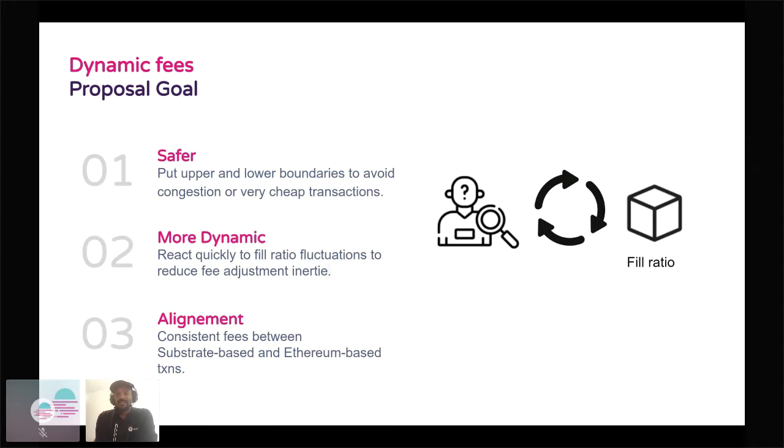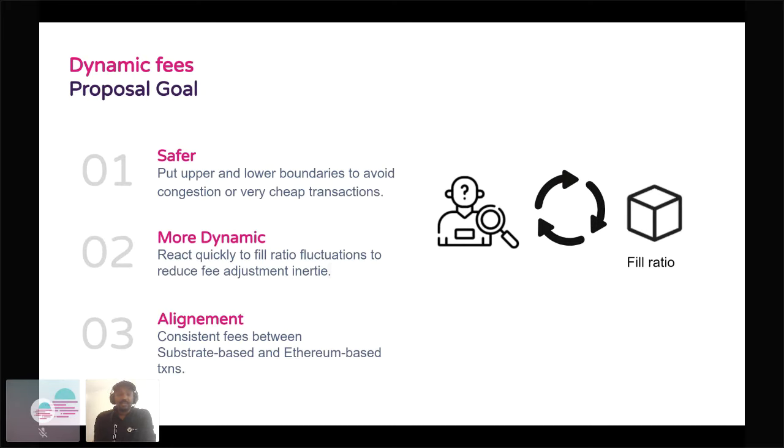And basically, if transactions are cheap or costing nothing, we are just paying for something that will not be paid for by the user to transact on the network, which is not sustainable. Or to avoid congestion, to make sure that users can still transact, and we do not end up with fees that are prohibitively high.